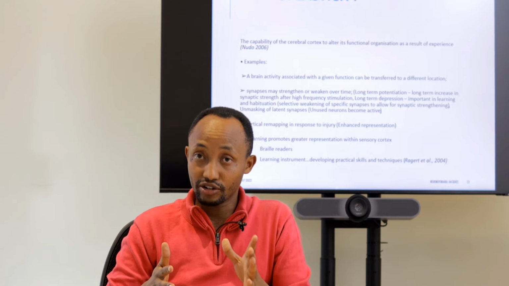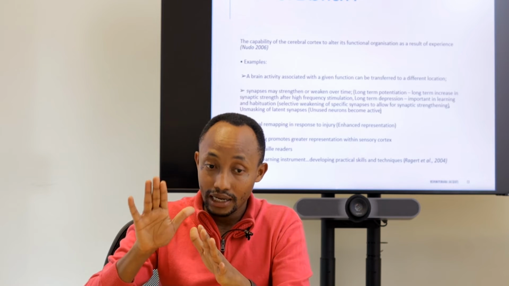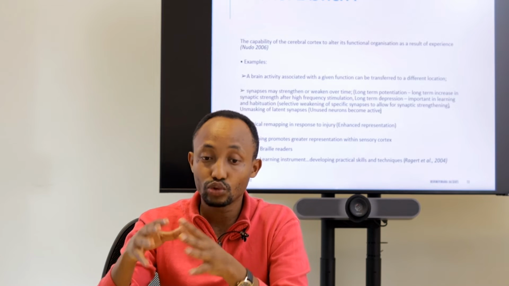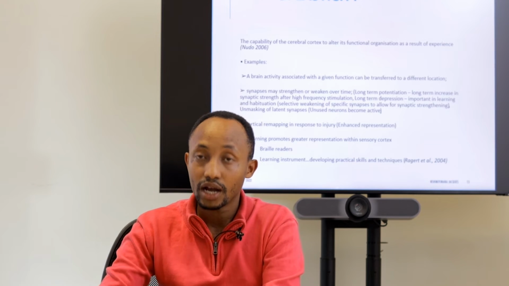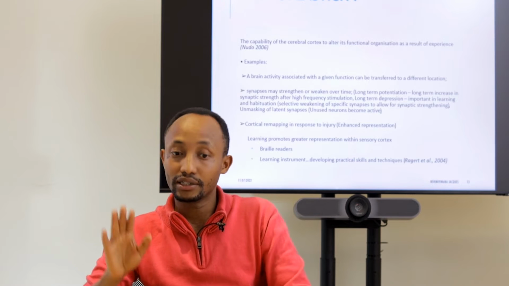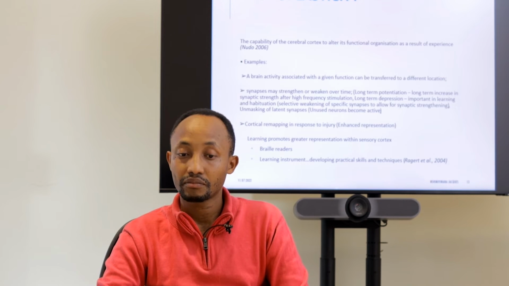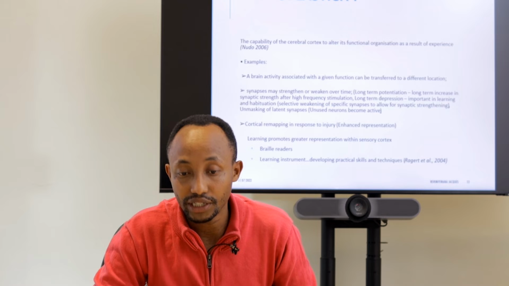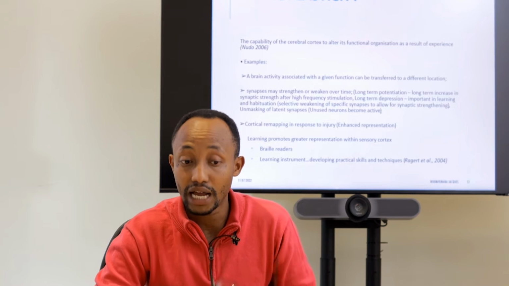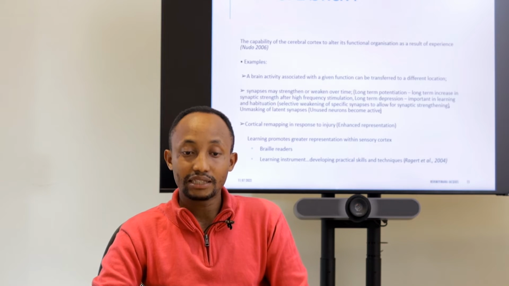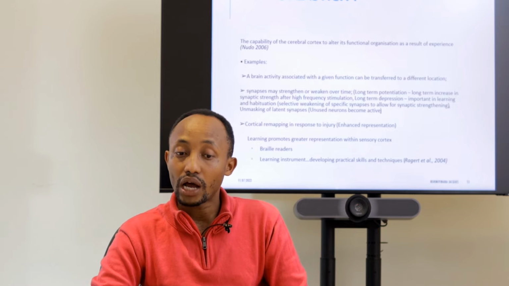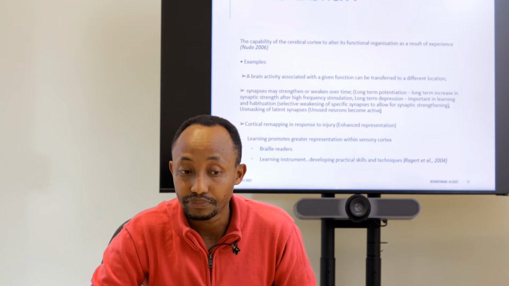You are depressing that pathway to the point that it will even become unused and just stay there. So long-term depression is important in learning and habituation: selective weakening of specific synapses to allow for synaptic strengthening.